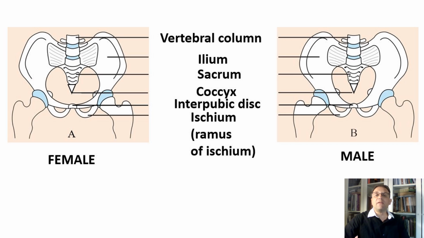The female pelvis is adapted to the needs of pregnancy and childbirth. It is wider and shallower and has a larger pelvic inlet and outlet for passage of the infant's head. In males, the pelvic inlet is heart-shaped, the sacrum is narrower and longer, and the coccyx is less movable and more vertical.